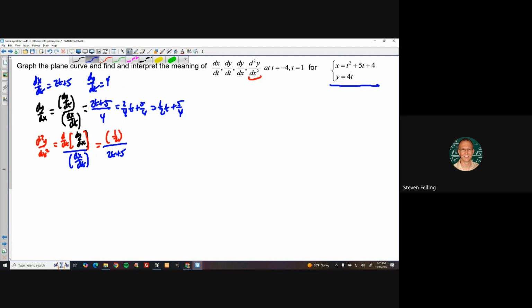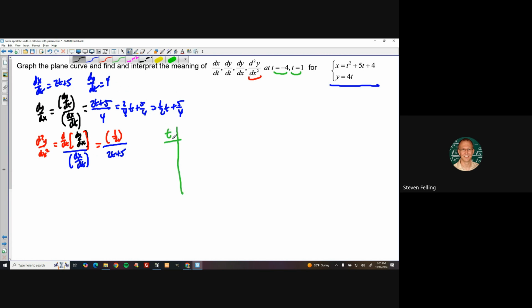And then what we could do is we could come up with some values for this and see what all these values were. They told us to do that at 2 different parameter values. So let's do that. Let's see what is, for the parameter, we'll do the parameter, then we'll do dx/dt. Actually, I'll use different colors here. So this is the parameter t.